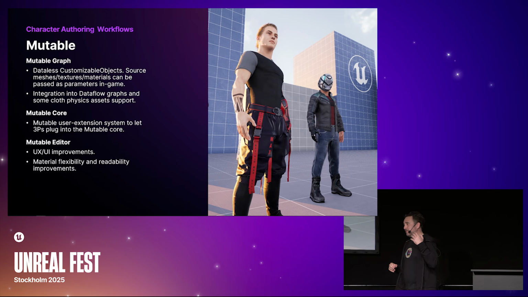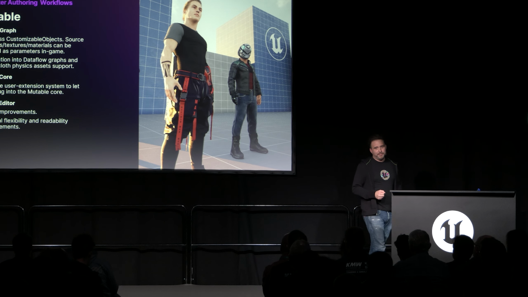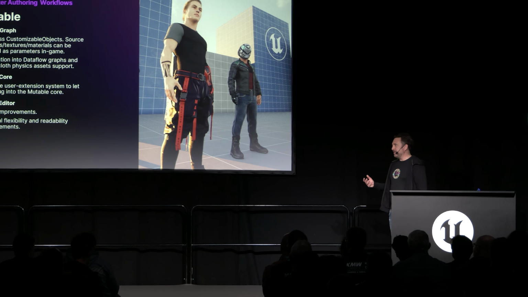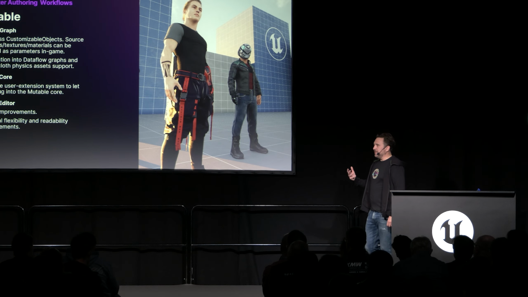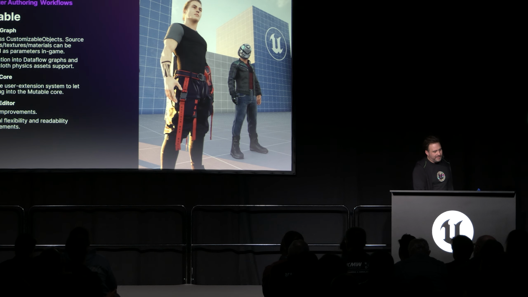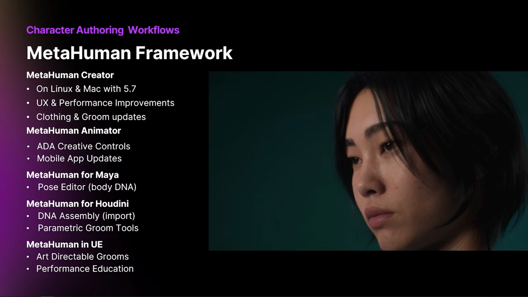It will generate at runtime the things that it needs, just by sending the parameters, in patches even. So if you have a new character that you want to put in your game, you can just upload the parameters and it will make that character appear at load time. So cool stuff happening with Mutable.